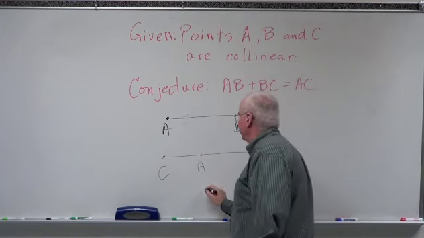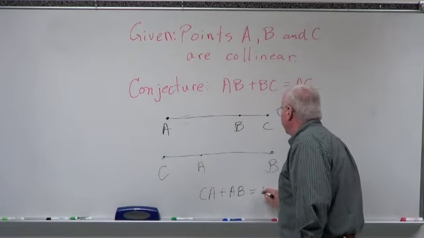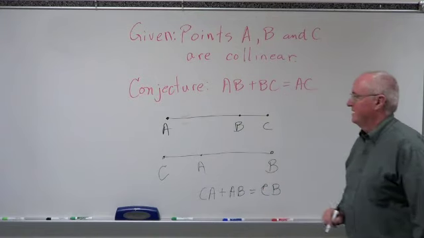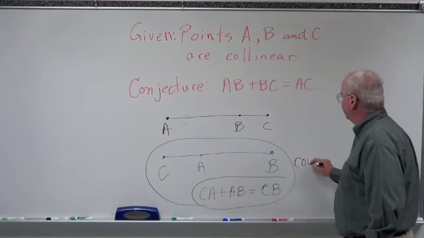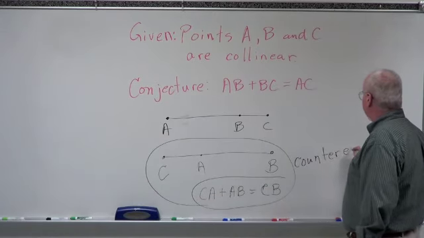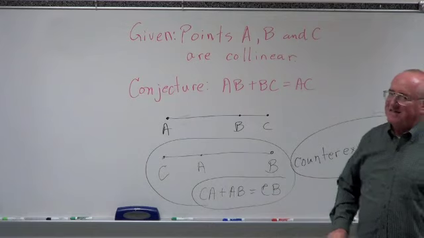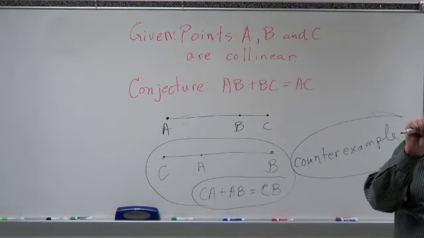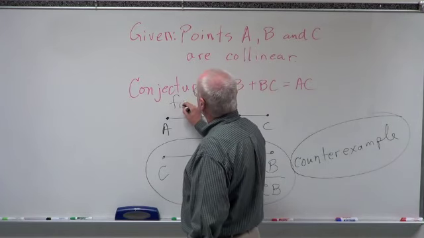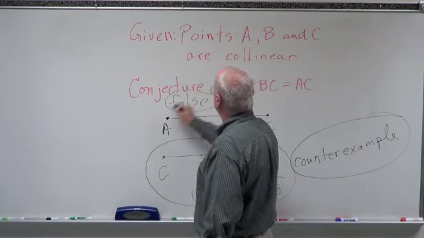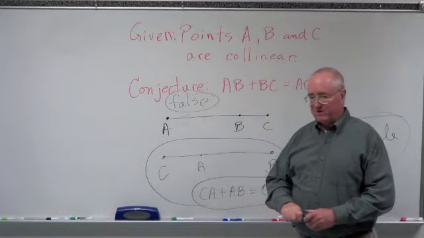In fact, down here we would say segment CA plus segment AB equals segment CB. This right here is what we call a counterexample. How many counterexamples does it take to prove a conjecture false? One. This conjecture is false. A, B, and C don't have to be in order. They can be out of order. Okay?